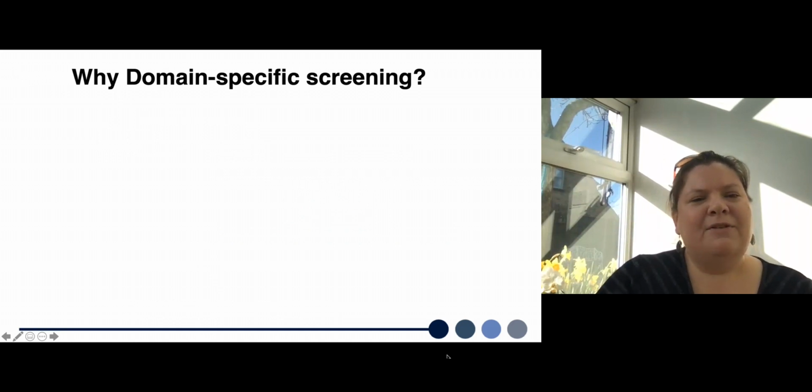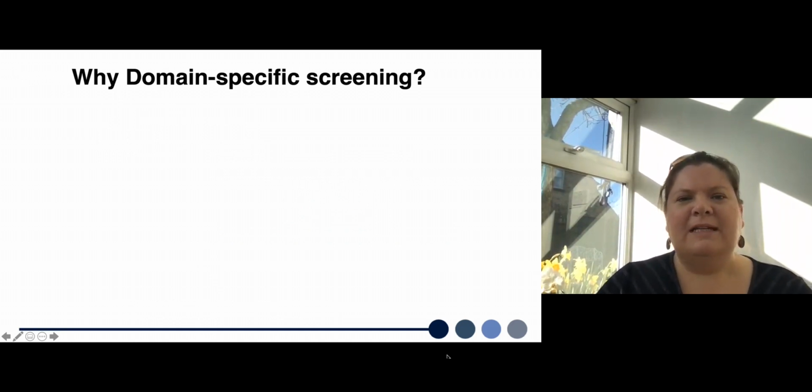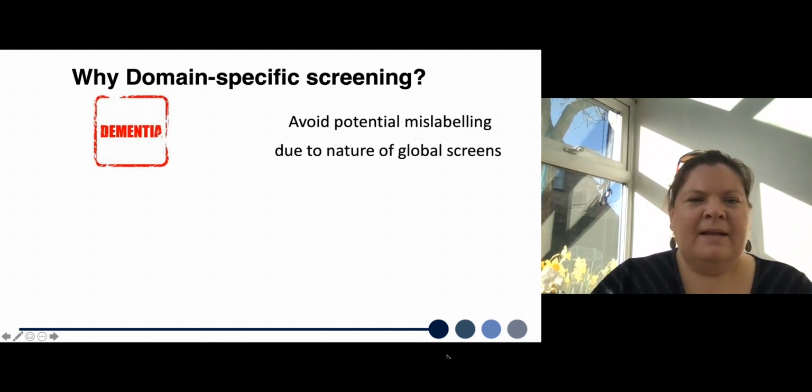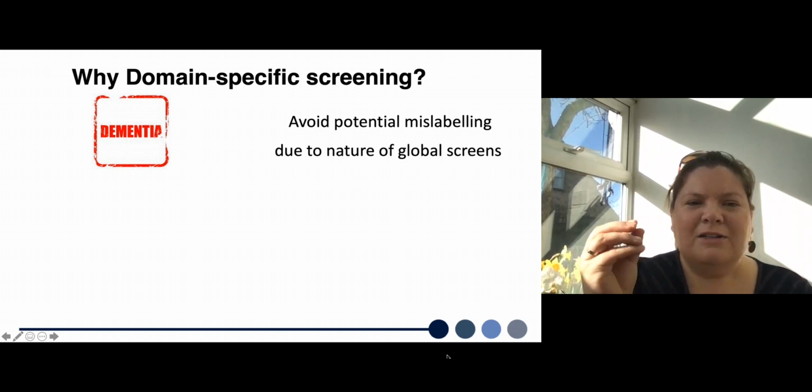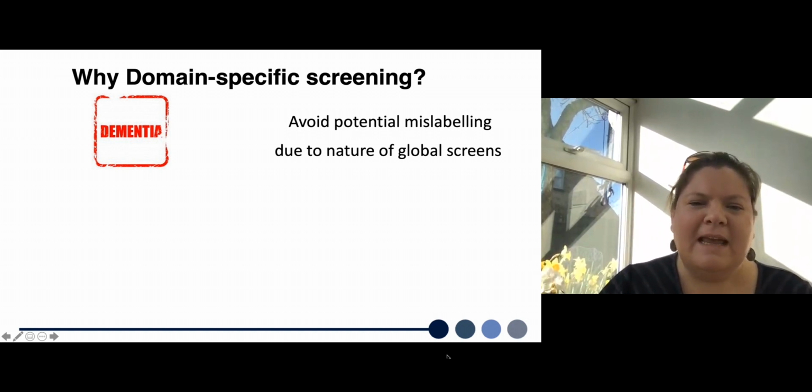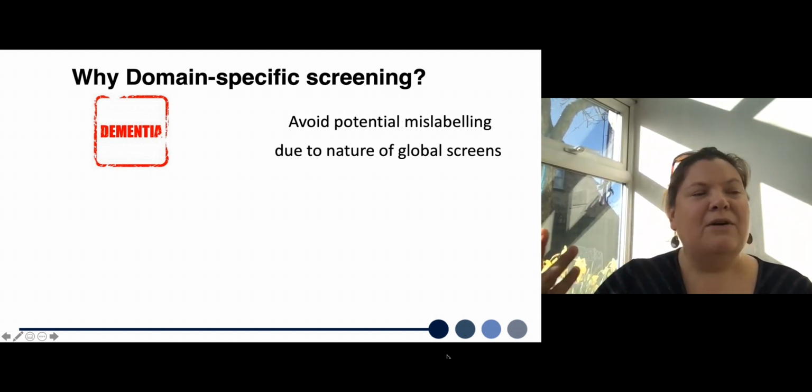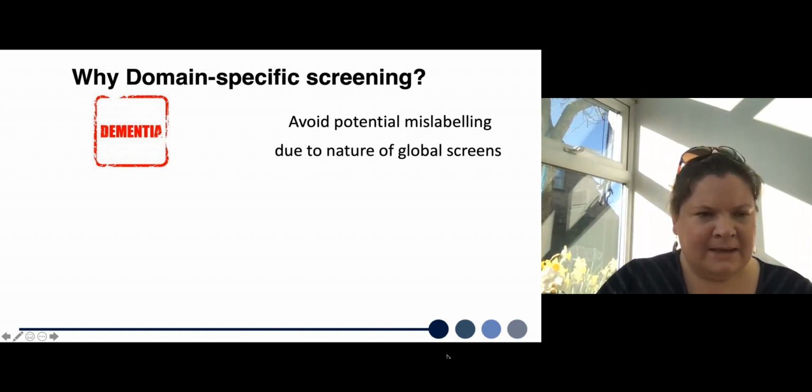So there are a few more reasons why you may want to consider domain-specific screening. One quite obvious one, but maybe harder to pinpoint, is this potential mislabeling as a patient having dementia. This often happens because of the nature of these global screens being known as dementia screens. Patients will have it put in their notes that they may have a dementia.